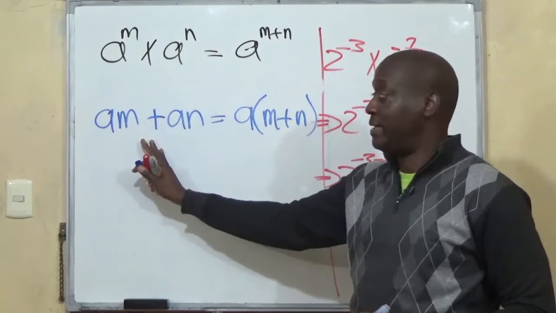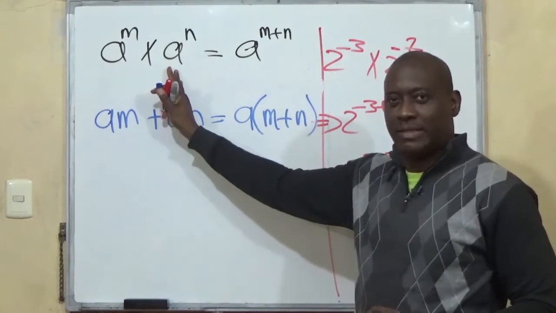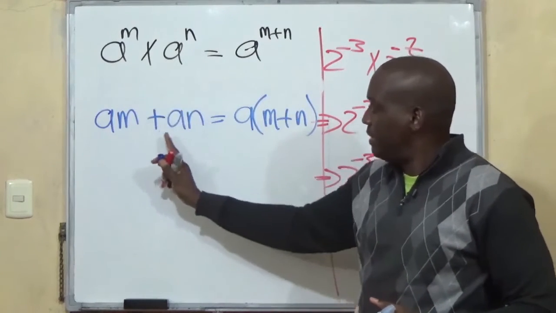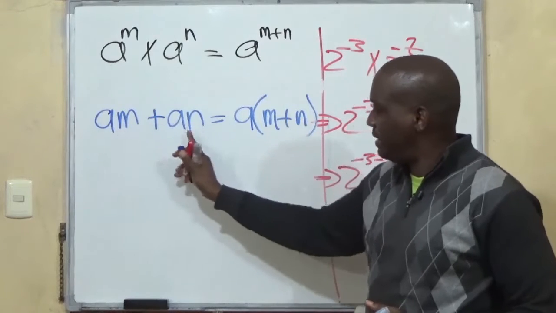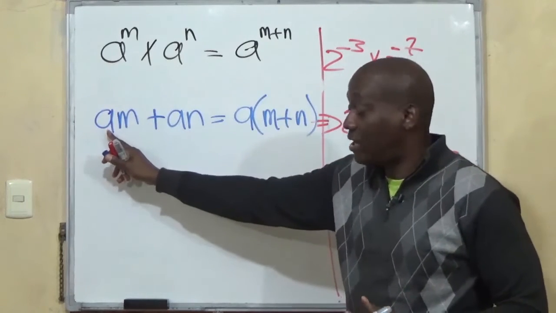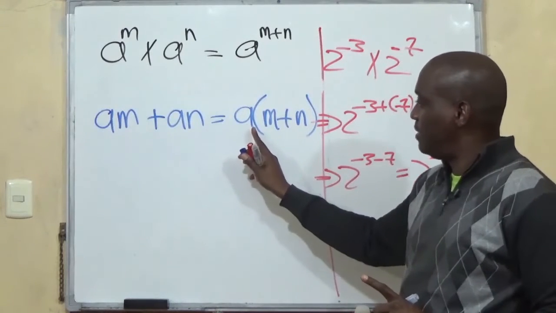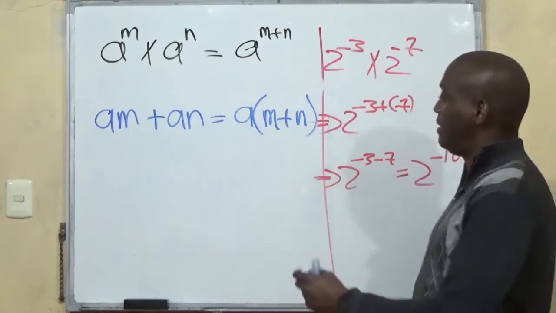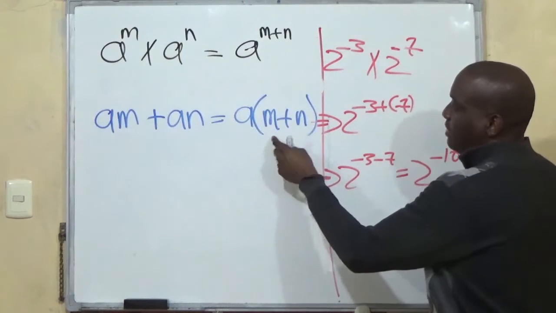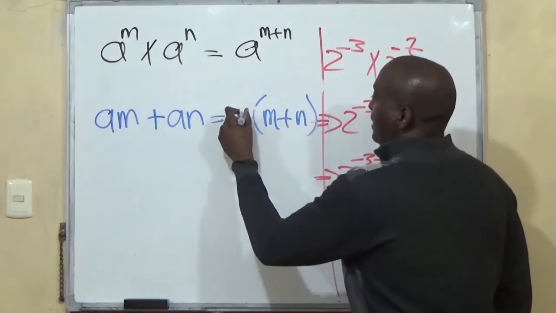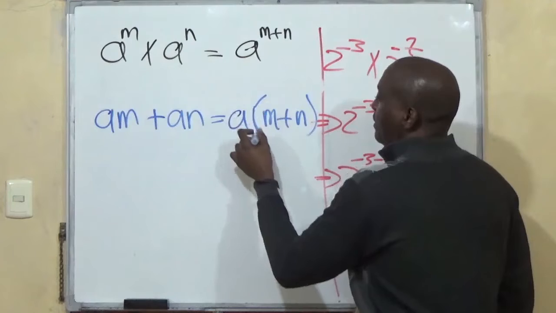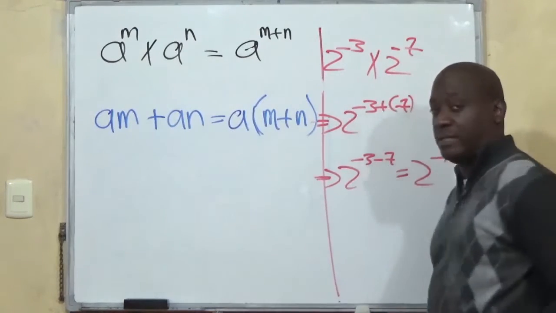This is not the same as the power rule, as you can see. This is multiplication here, multiplication here. You have a common factor which you can take out using factorization, and you have m plus n as the factor inside here. That is multiplication.